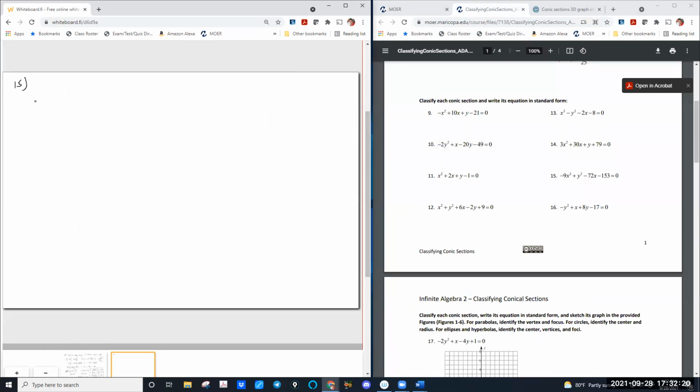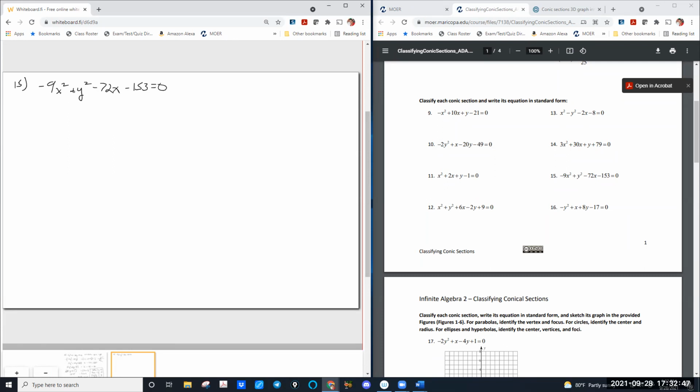This is from the worksheet. So 15, we've got negative 9x squared plus y squared minus 72x minus 153 equals 0. So right off the bat, I know it's a hyperbola because there's an x squared and a y squared, so it can't be a parabola.